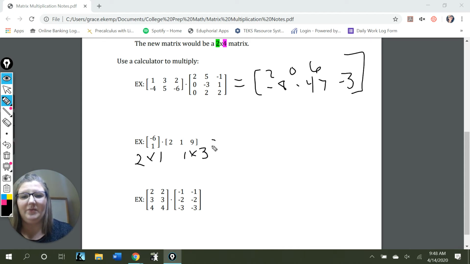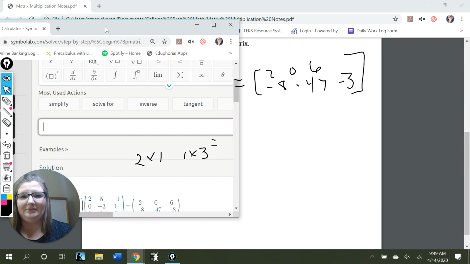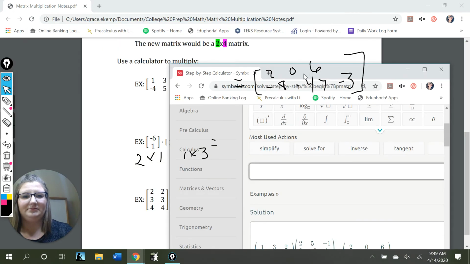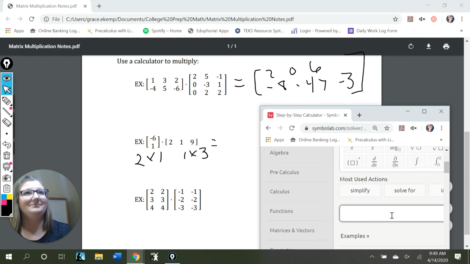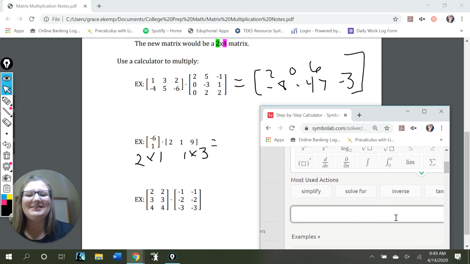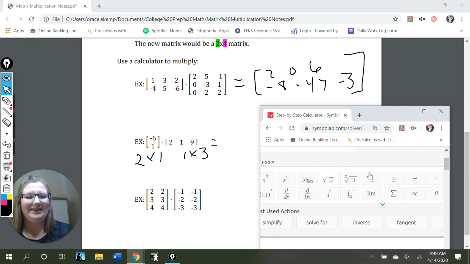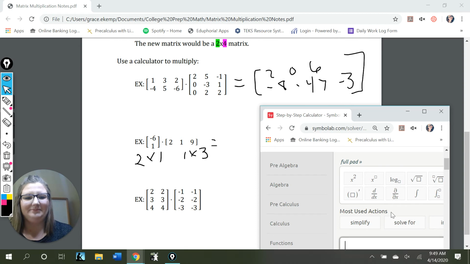And so then when we open up our calculator to type it in, we need a 2x1 matrix and a 1x3 matrix. So if we come on over to our calculator, if I can manage to get this to work. So we're once again going to insert a matrix, so we can come over here to this tab.